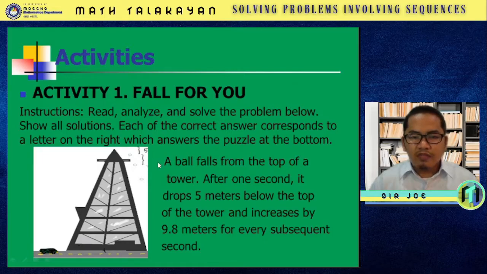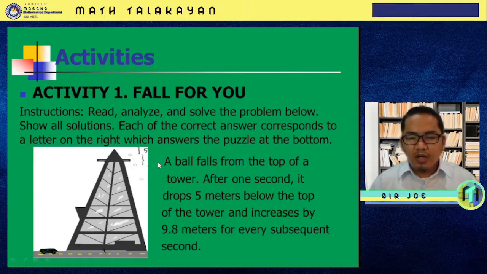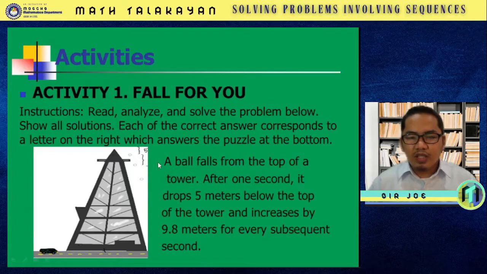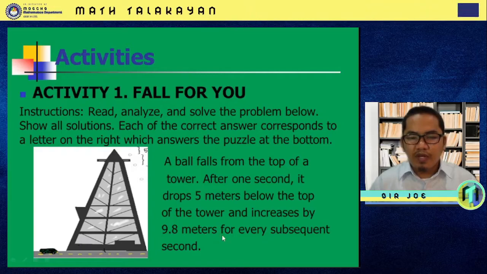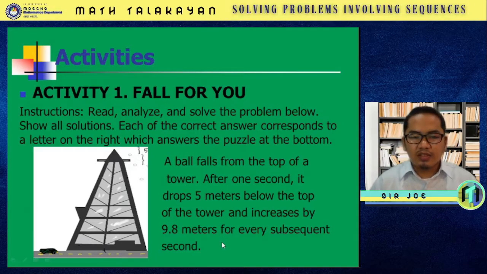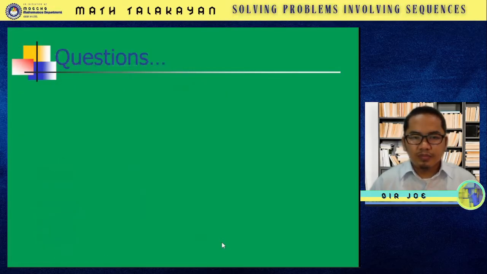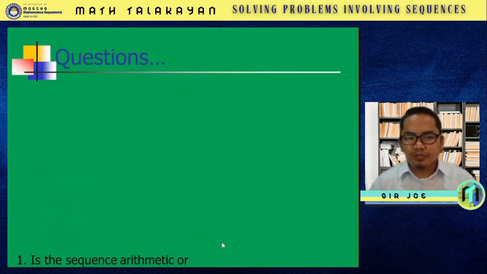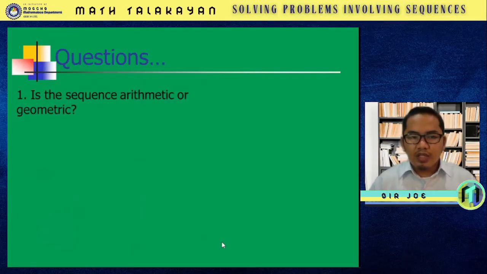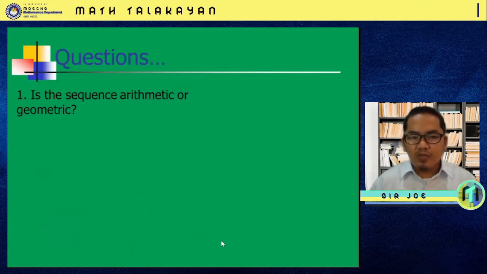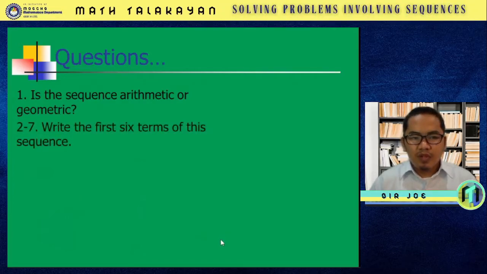A ball falls from the top of a tower. After 1 second, it drops 5 meters below the top of the tower and increases by 9.8 meters for every subsequent second. Questions: Is the sequence arithmetic or geometric? From 2 to 7, write the first 6 terms of this sequence.